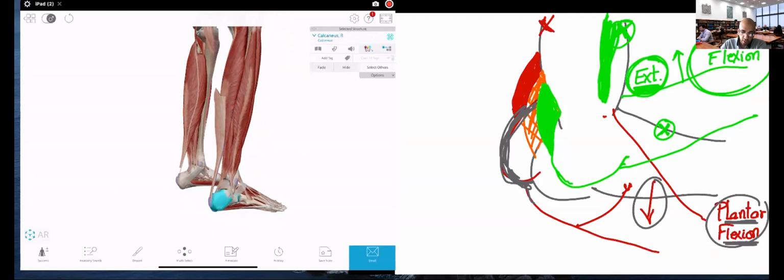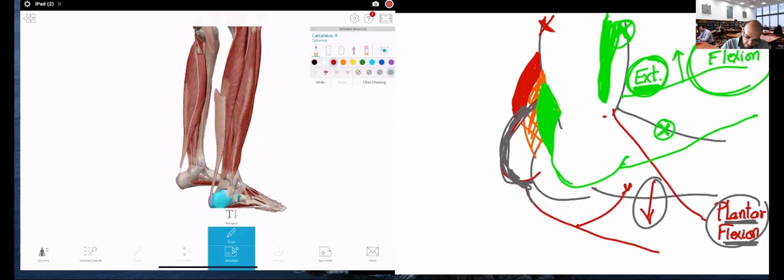And when I pull on the calcaneus like this, what's going to happen to the foot? The foot is going to be moving down. Try to imagine here, this is my marker.